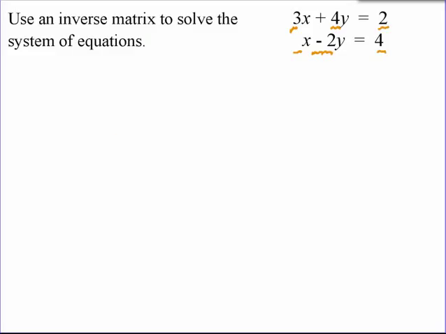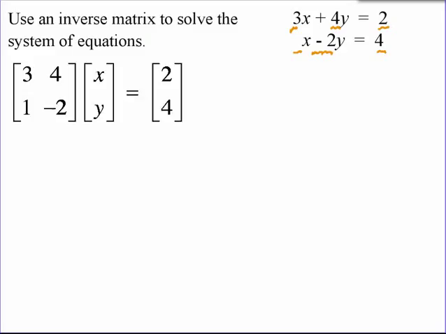So what I'm left with is the following. Now you're probably wondering, why is the x and the y like that? We have to write it that way so that when I multiply them, I end up getting the correct system of equations. So let's think about that.